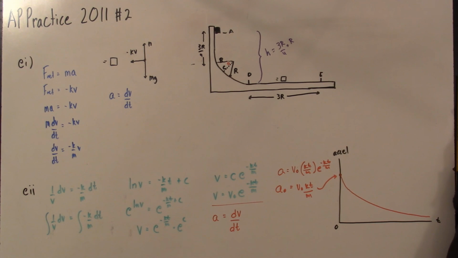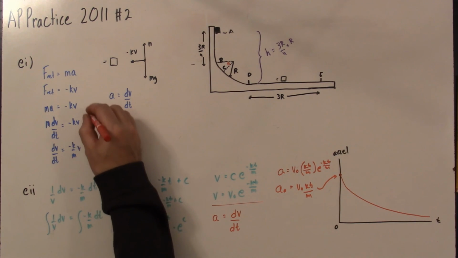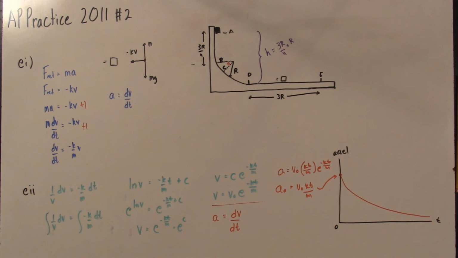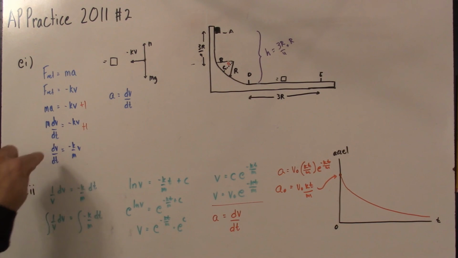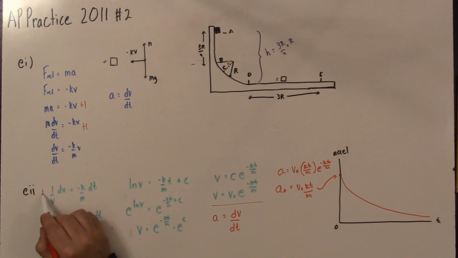If we look at the scoring rubric for this one, in part A, for writing this you get 1 point, and for writing this you get 1 point. So if you know Newton's second law and you apply the derivative effectively, that's 2 points. Part E2 says for separating the variables, so getting all your v's on one side, you get a point.